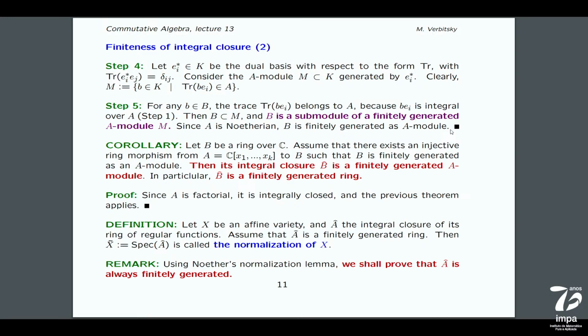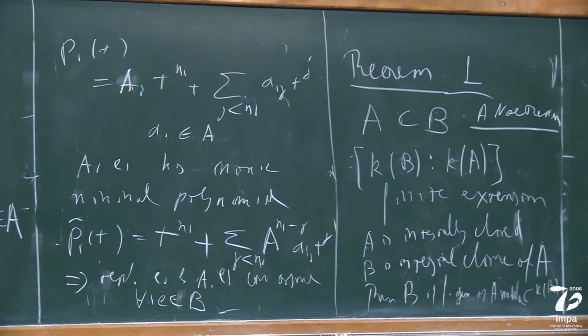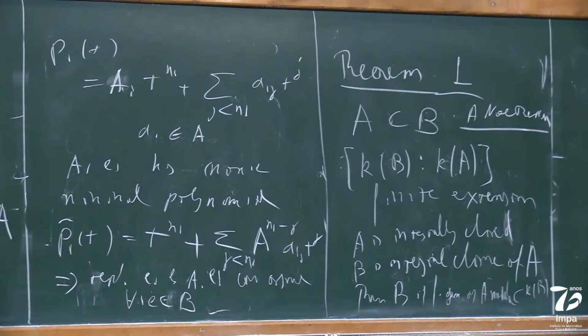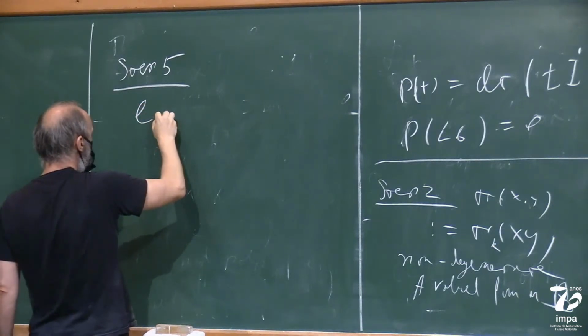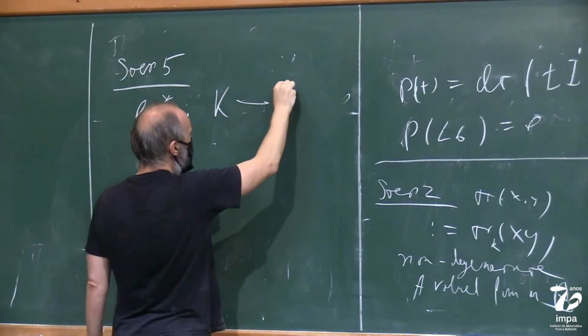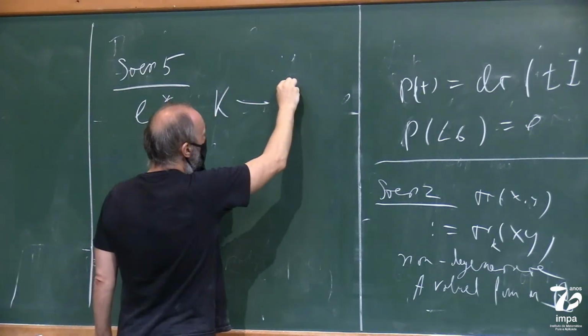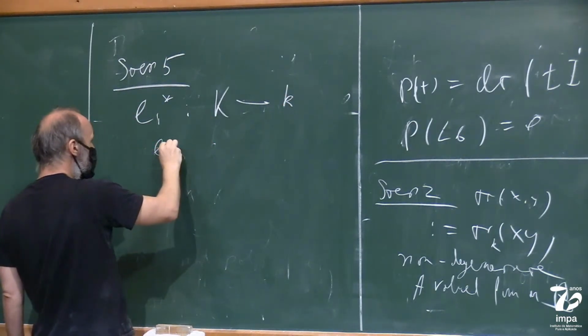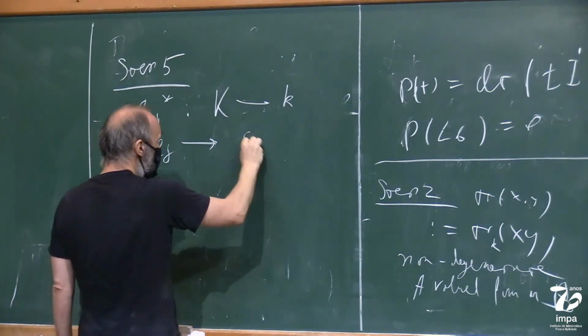But its generators are... so let's write its generators as follows. So this would be step 5. Ei star is a map from K big to K small, which takes Ei, Ej and maps it to delta ij.